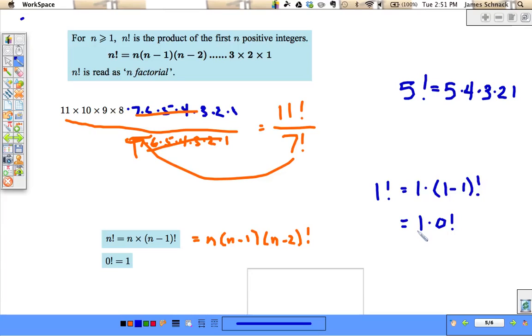Well, what would 1 times anything be? Well, it's 0 factorial. And 1 factorial is just 1. So 0 factorial does equal 1. It's kind of weird. There's no real physical meaning for it, but it's an idea. 0 factorial is 1.